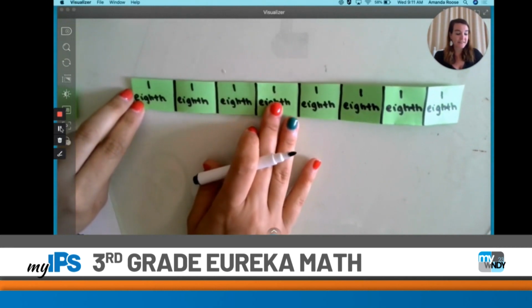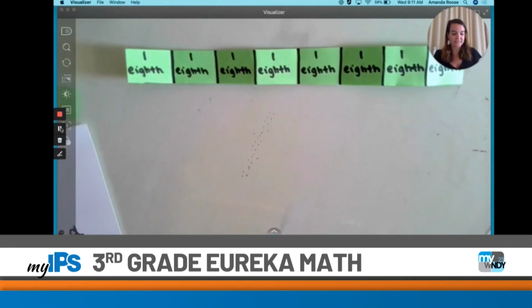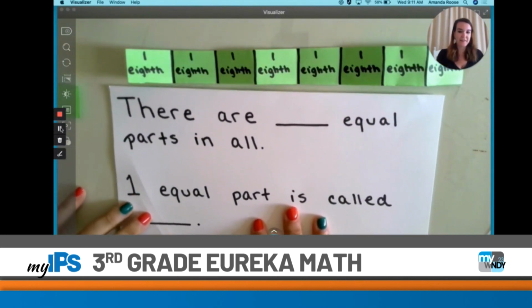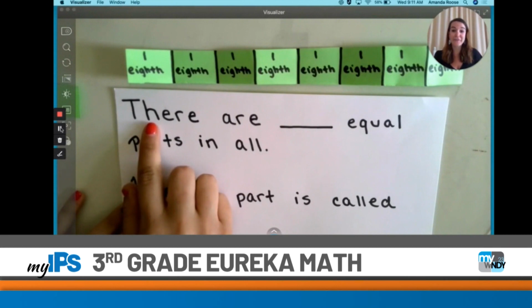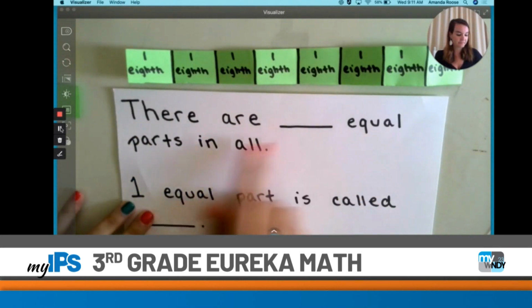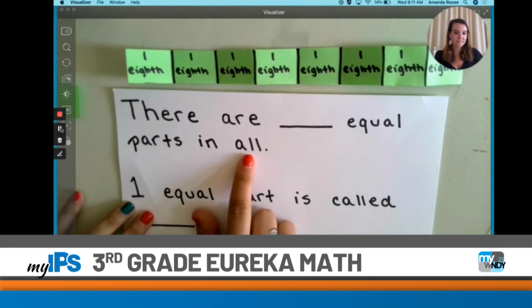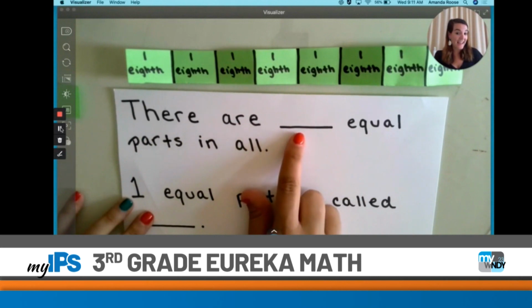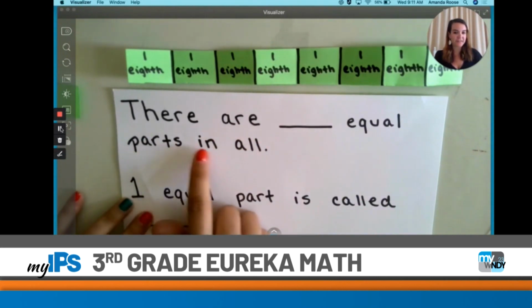Let's do our sentence stems with our eighths. Okay, here we go. Read it in your head first. Let's read it out loud. There are 8 equal parts in all.